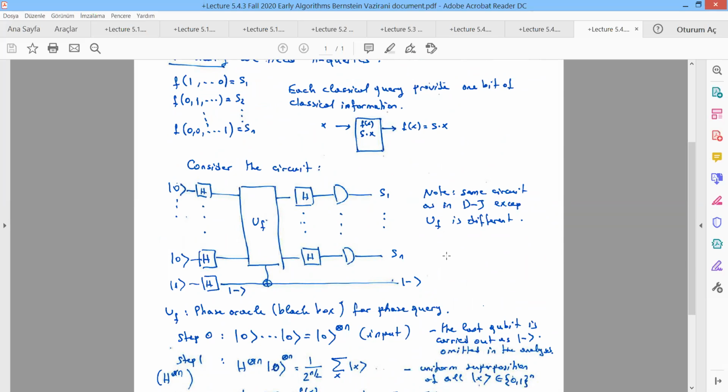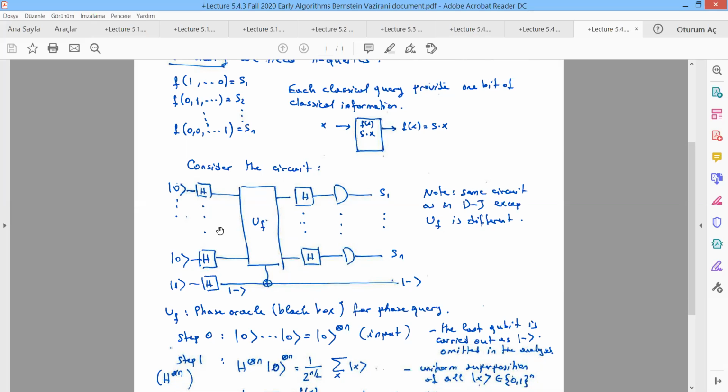In other words, using the superposition state that we obtained through this Hadamard tensor n operation, we were able to compute all these possible input states simultaneously.